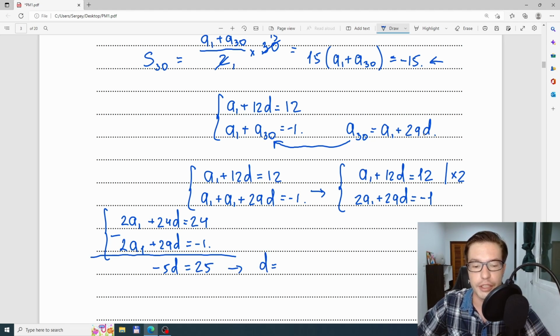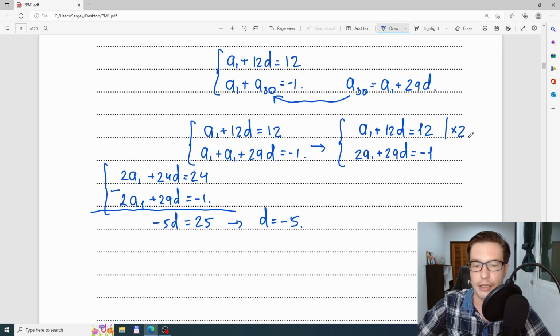Therefore, d equals minus 5. Let's find A1. I'm going to substitute d equals minus 5 into A1 plus 12d equals 12. So A1 equals 12 minus 12 times minus 5.